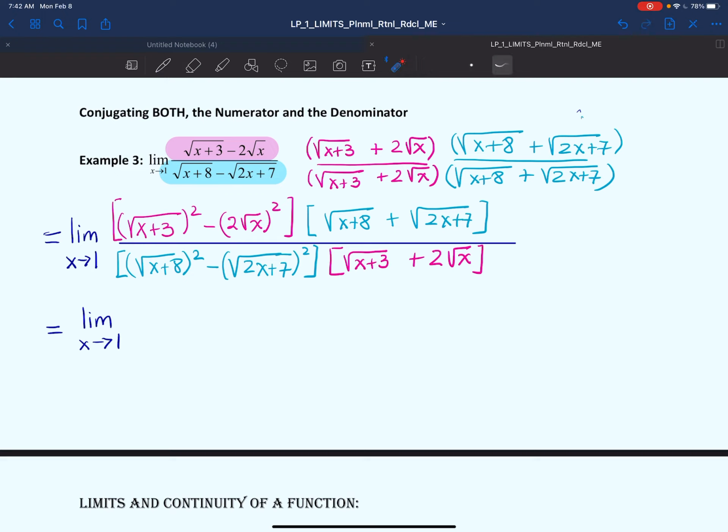So now it's time for me to write this in a nicer form. So we have x plus 3 squared, which is x plus 3, the square root of it, right? And then minus, remember that number 2 here will become the power of both these terms, so that's 4 times x.